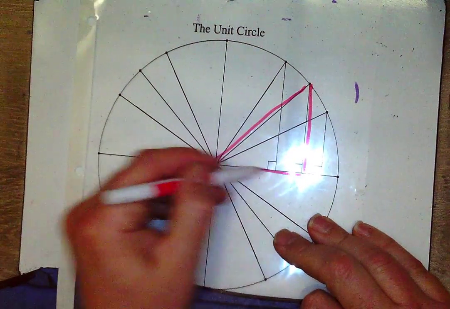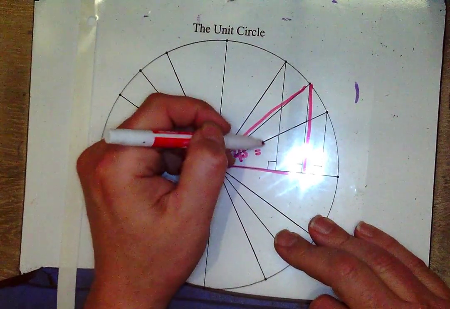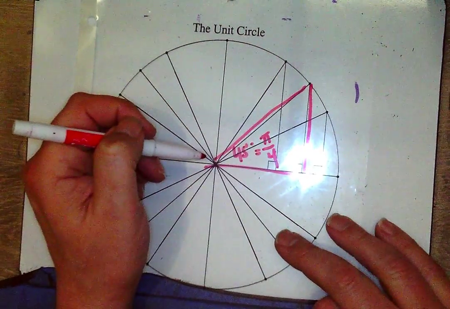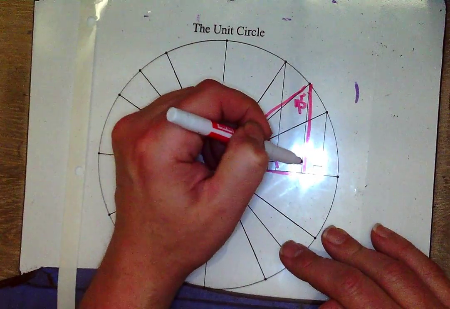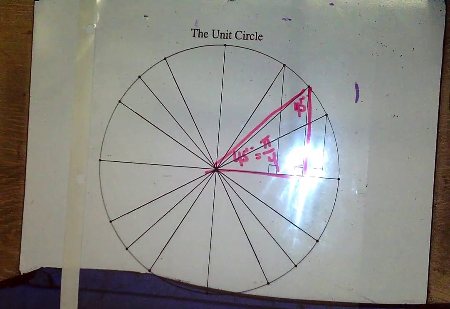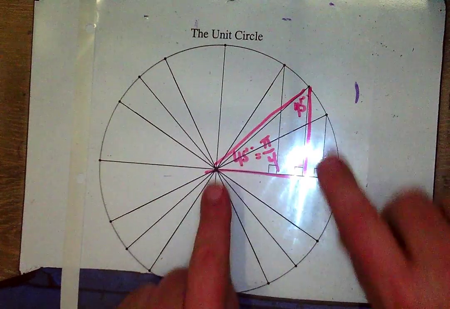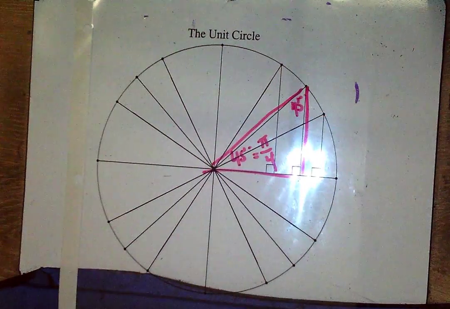So, instead of the 30, 60, 90, we've also got this triangle. This is our 45, 45, 90. 45 degrees we know is the same as pi over 4 radians. And because it's a 45, 45, 90, we also know that this is an isosceles triangle, because if these angles are the same, then the sides across from them are the same.